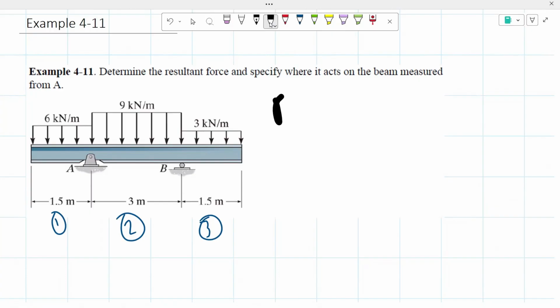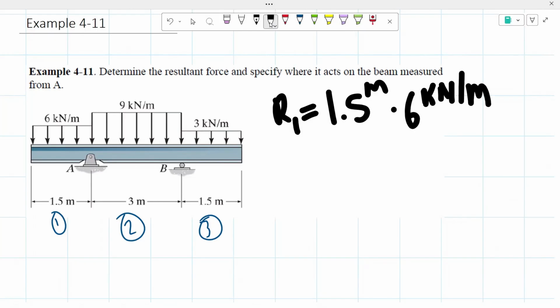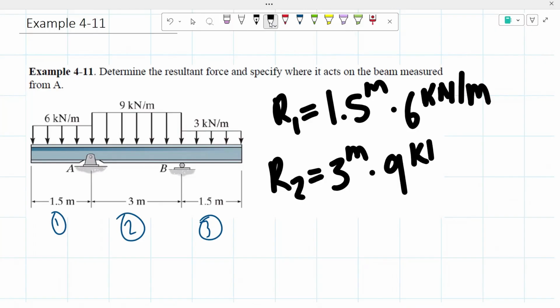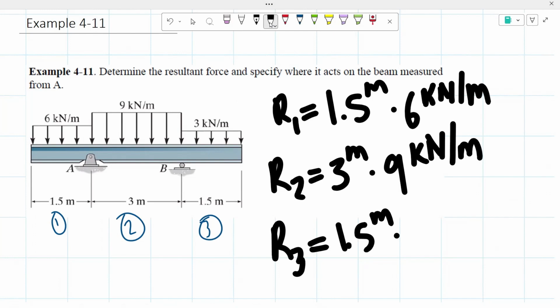So for R1, we have a span of 1.5 meters times the loading of 6 kilonewtons per meter. For R2, we have a span of 3 meters times the loading of 9 kilonewtons per meter. And for section 3, we have 1.5 meters times the loading of 3 kilonewtons per meter.